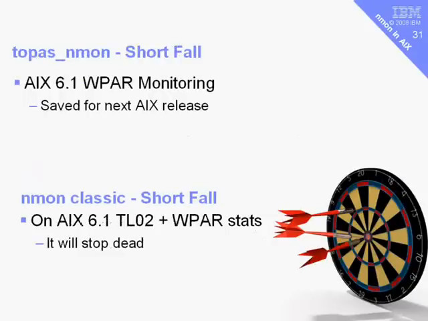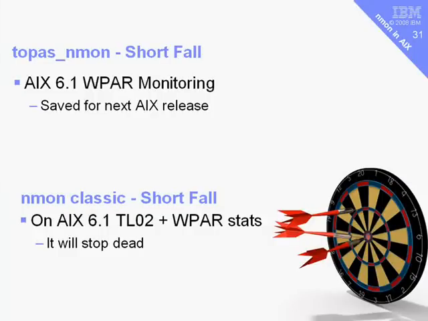A couple of little shortfalls here. The Topaz nmon in the current release at these levels doesn't support WPAR monitoring. In fact, the nmon 12 classic version doesn't run with TL02 and produce the WPAR stats either. It will just stop dead in its tracks.